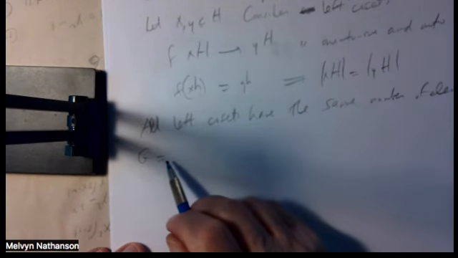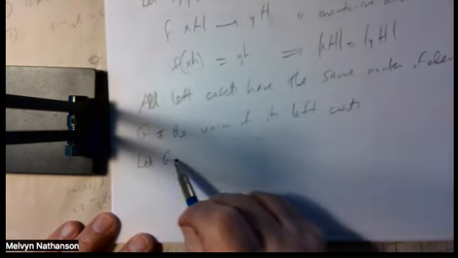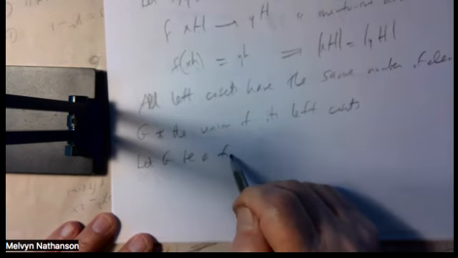Now, G is the union of its left cosets. Suppose G is finite, H is a subgroup, G has n elements and H has m elements.